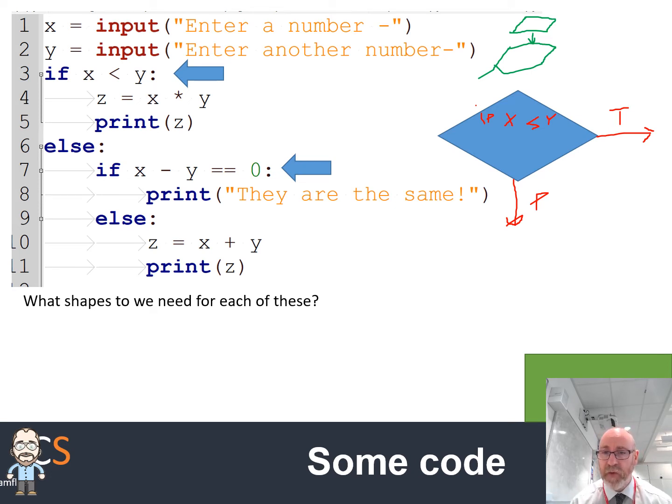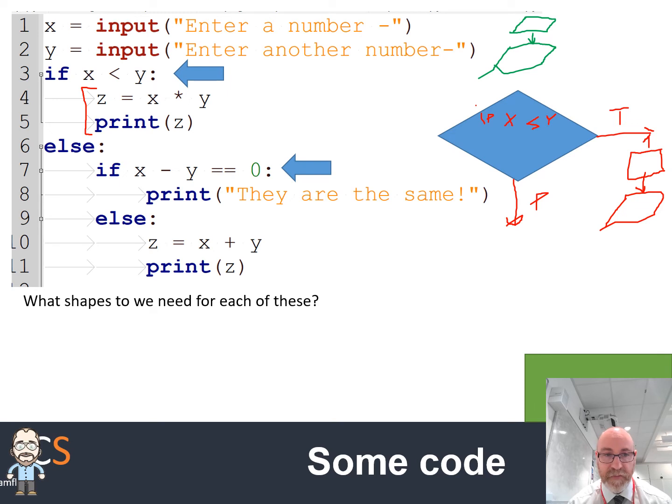If x is smaller than y, if that's true, well, reading the code, I'm going to be doing this part, won't I? So actually, these 2 bits will be drawn here. I haven't got room on the slide, but essentially we'd have the rectangle, and then the print will be our parallelogram, with arrows going between them like that.